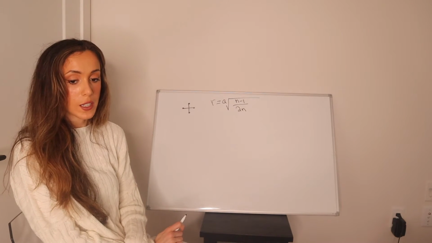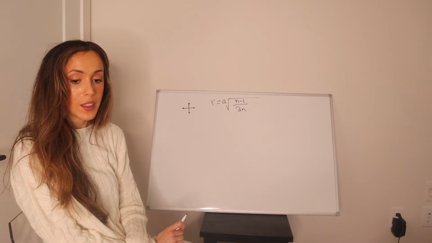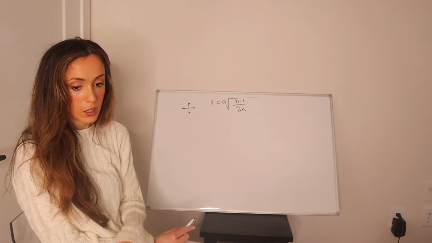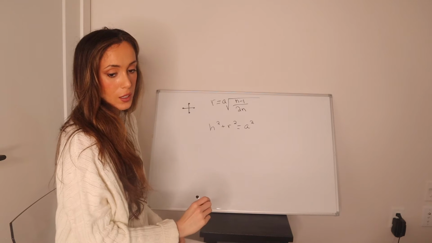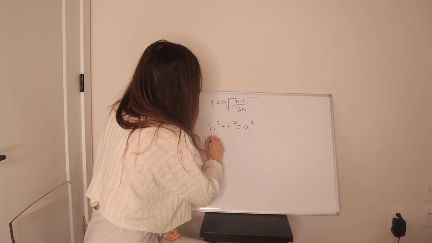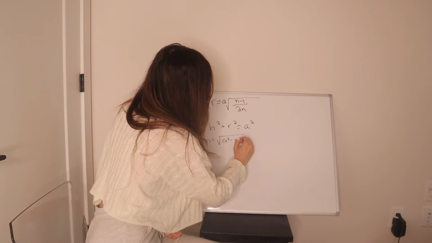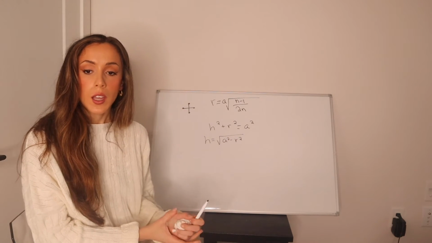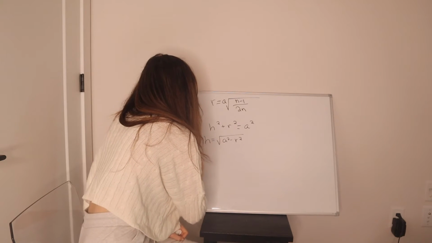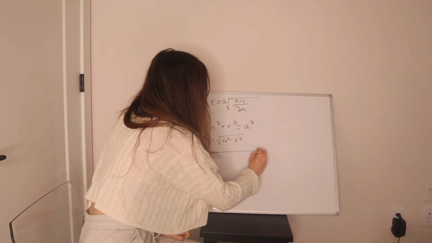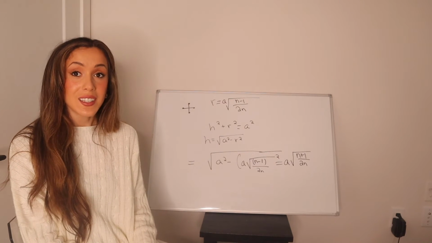Because the non-base vertex is both perpendicular to and bisects the base, we can use the Pythagorean formula to find the height. Let's solve this for h. If we substitute what we have for r, we get this is the height of an n simplex.